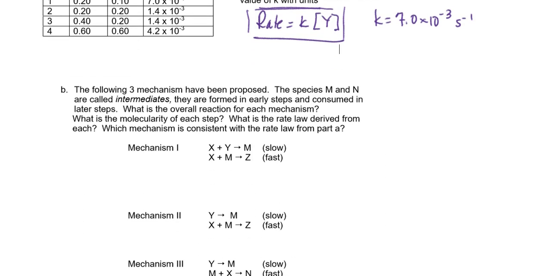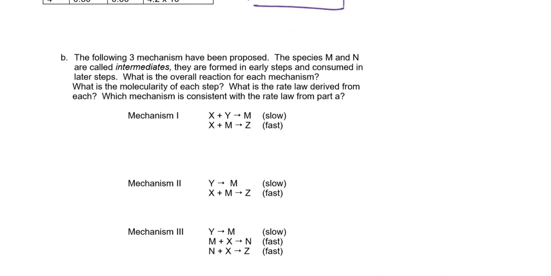Let's go through, starting with mechanism number 1. We're asked to determine the molecularity for each of the steps in each of the mechanisms. The first step in mechanism 1 involves two reactant molecules, so this would be considered a bimolecular elementary reaction.